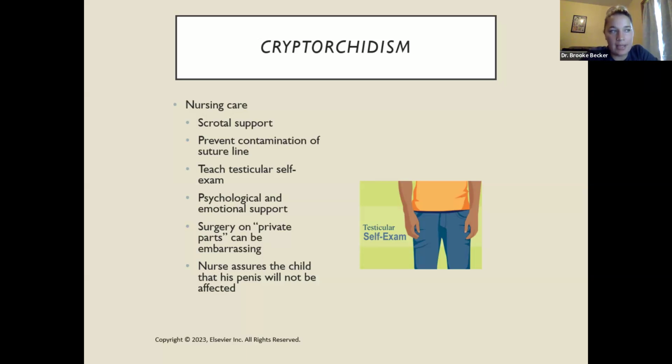The other biggest piece, I would say, is teaching these boys that they need to make sure they're doing testicular self-exams when they're older because of their increased risk for testicular cancer. And then these boys a lot of times will ask, is there going to be something wrong with my penis or anything like that later in life? And usually there are no issues with the penis. It just affects the testicles.